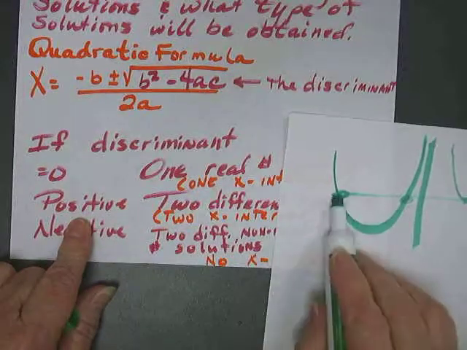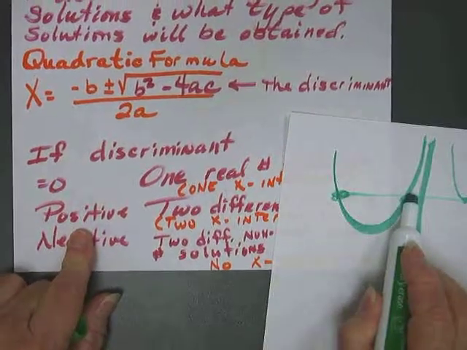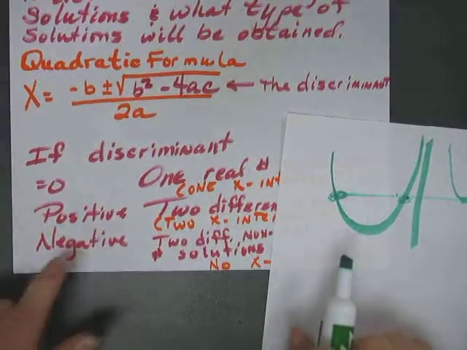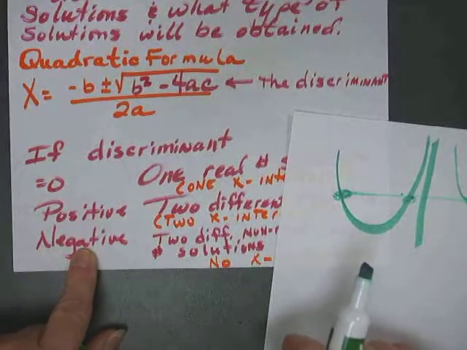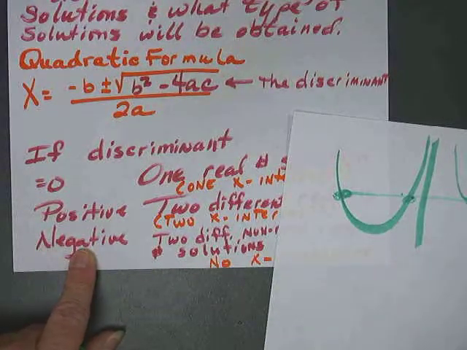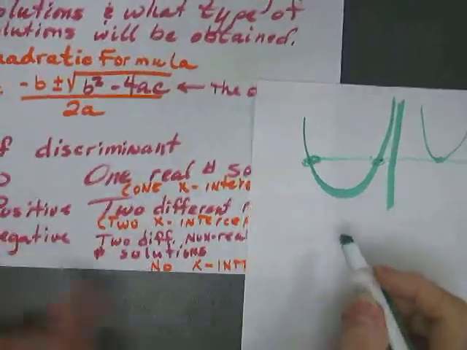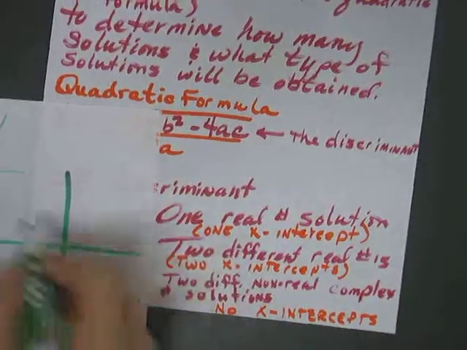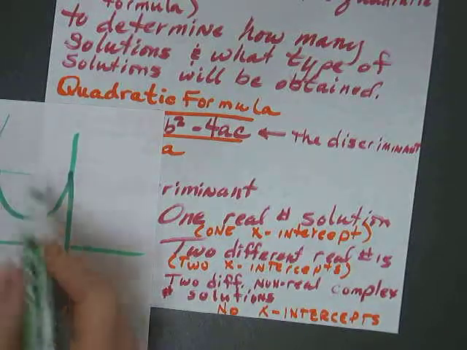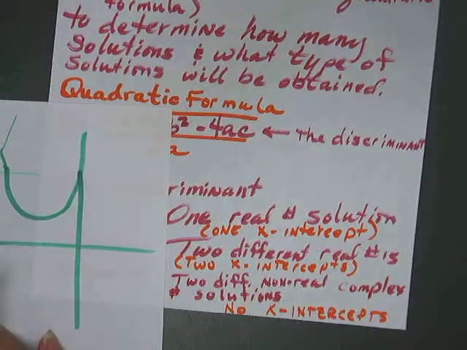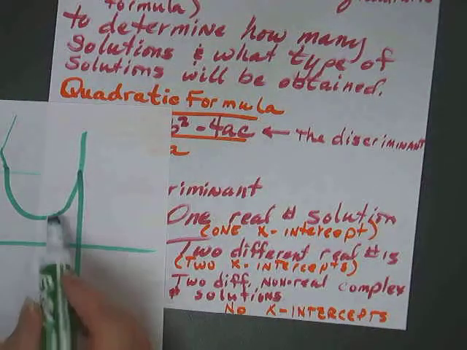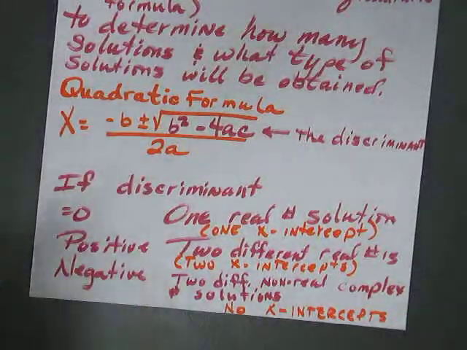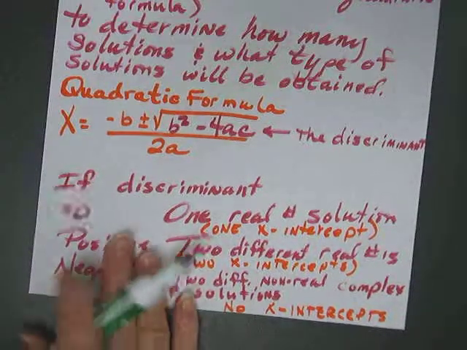You'll have two x-intercepts, and your two answers will be your x-intercepts. If it's negative, that means you have the square root of a negative, which is i, which we didn't cover yet. You're going to have something that looks more like this, over here. It won't even cross the x.